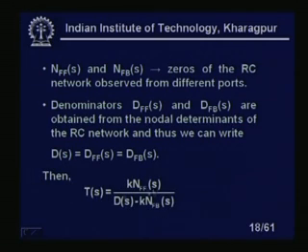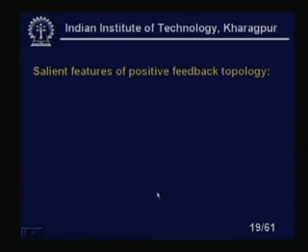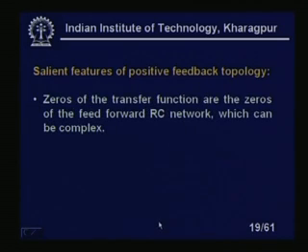Then these equations can be simplified as T(S) equals small k NFF(S) upon D(S) minus k NFB(S). So, the salient features of this positive feedback topology: zeros of the transfer function are the zeros of the feed forward RC network, which can be complex. Quite obvious.